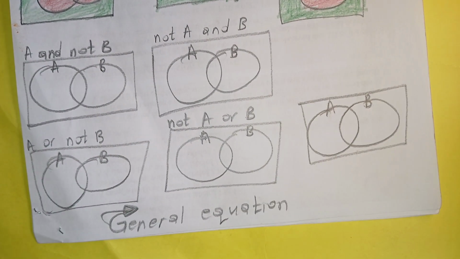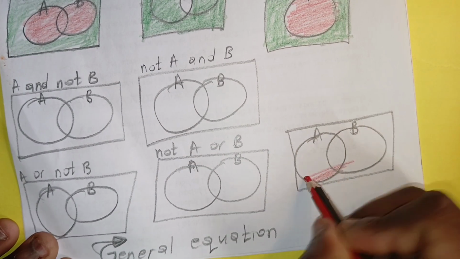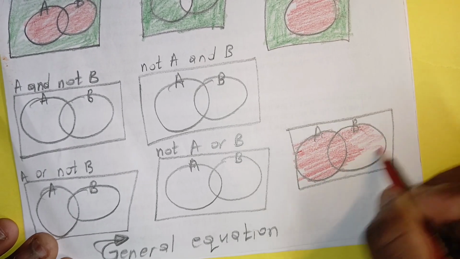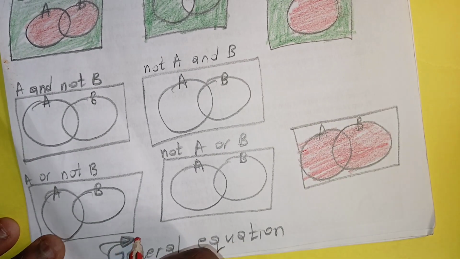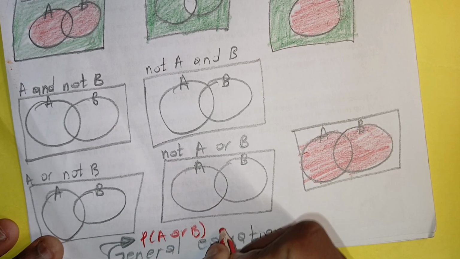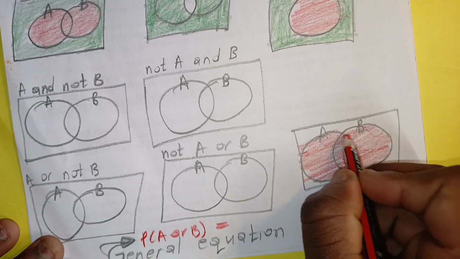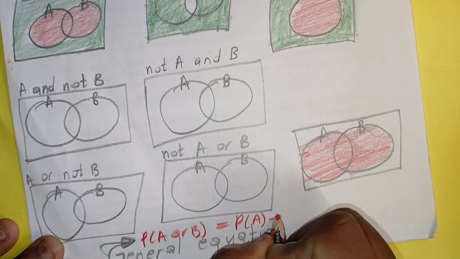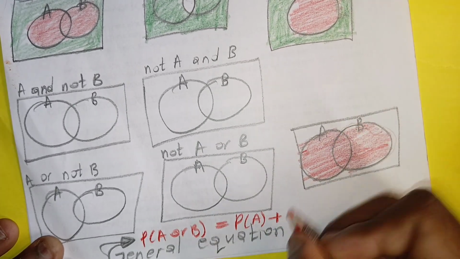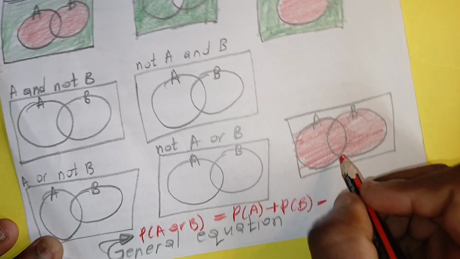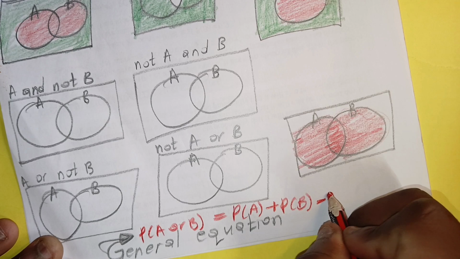So let me show you what we call a general equation. So you know now, when we are referring inside here, we are talking about OR. So probability of A or B. You should know it is the probability of A plus probability of B and minus the intersection, which is what?